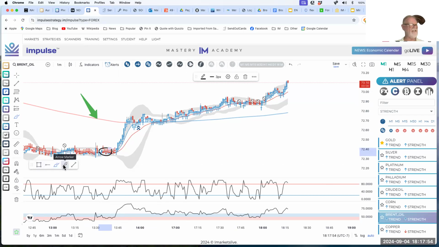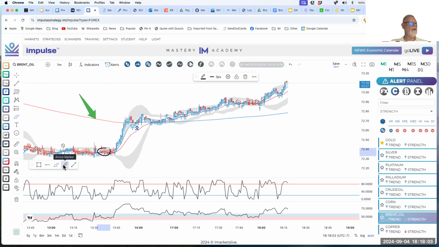So one of the indicators, remember with Impulse, it's very, very simply color coded. When we're looking for buys, we're looking at all the blues. When we're looking for sells, we're looking for all the reds. So what happens here? Here is another indicator right here that the stochastic, which is this top indicator, it's crossed up through the blue.